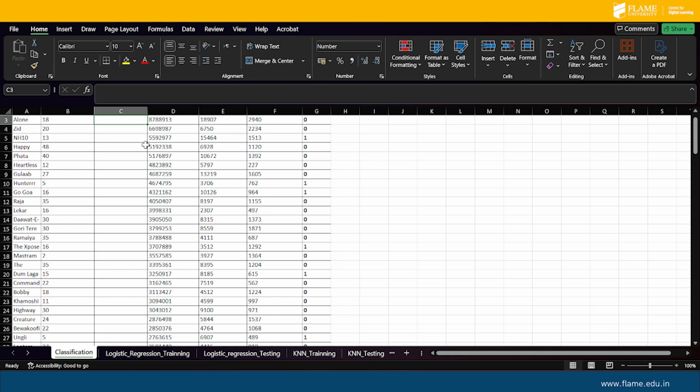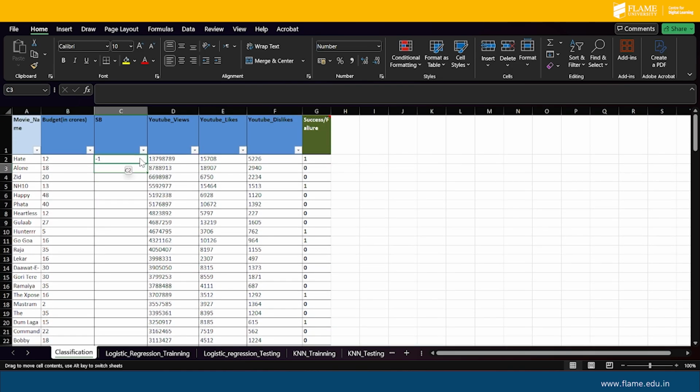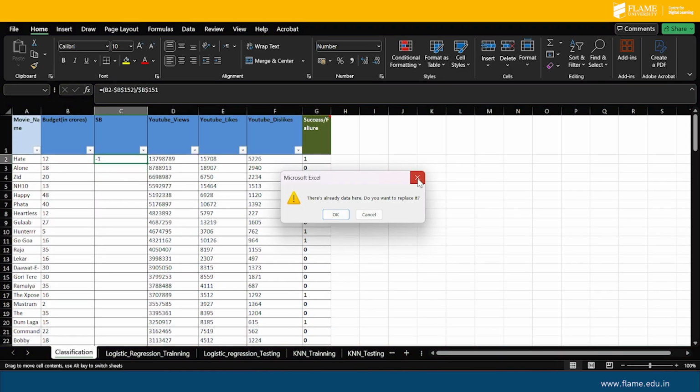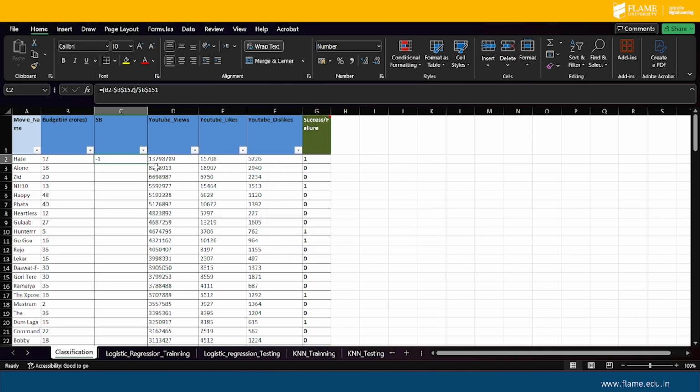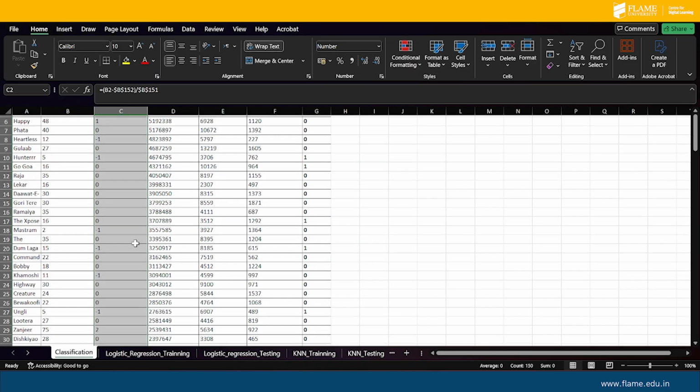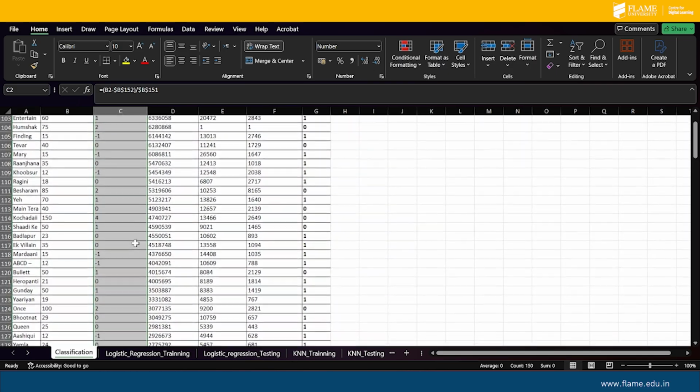So now your data is standardized. Now copy this entire formula or drag the entire cell till the last. So you have this kind of value.